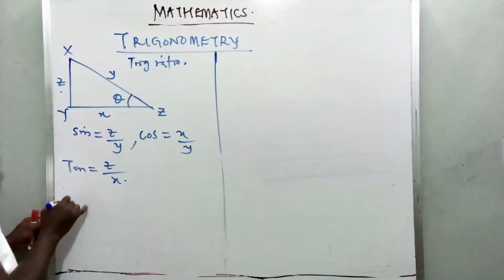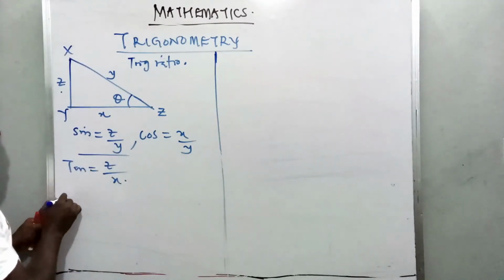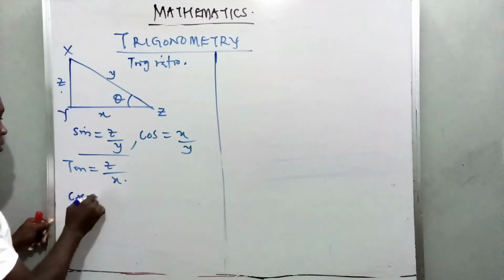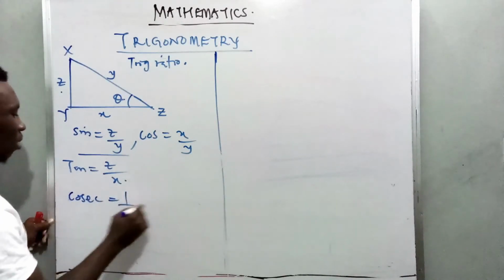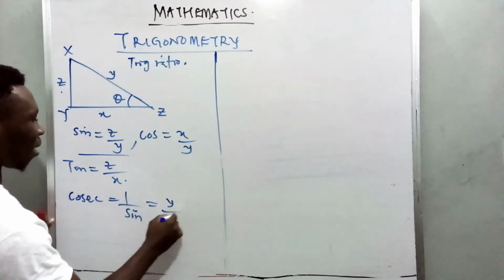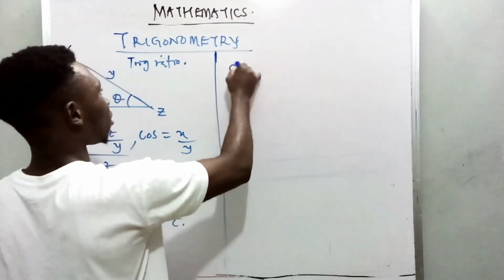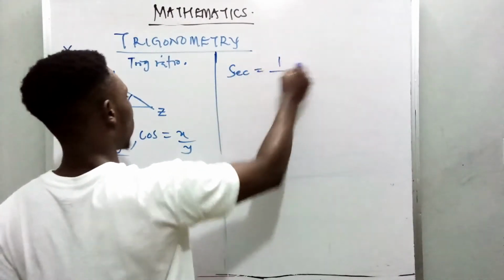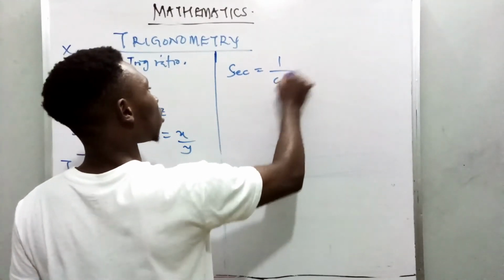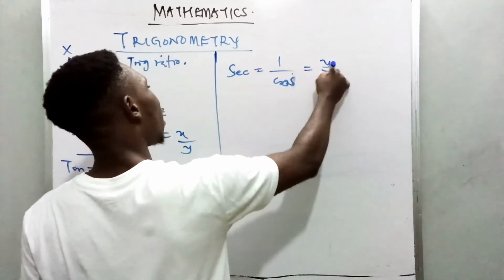Let's start with sine. Its inverse is cosec. Cosec is equal to 1 over sine, and that is equal to z over y. While your sec is equal to 1 over cos, and that is equal to z over x.